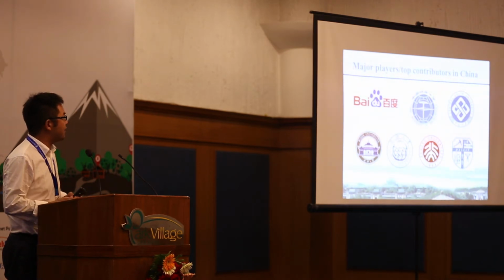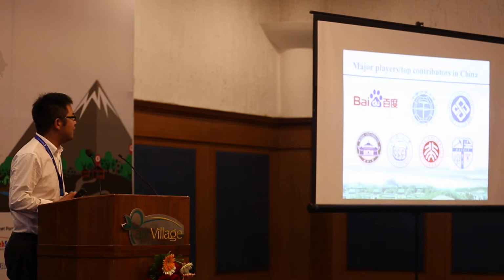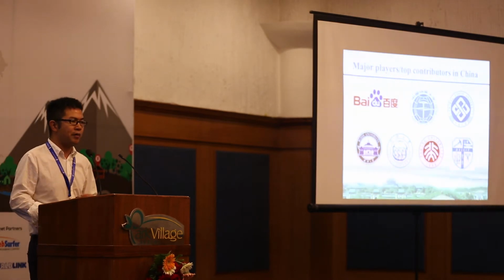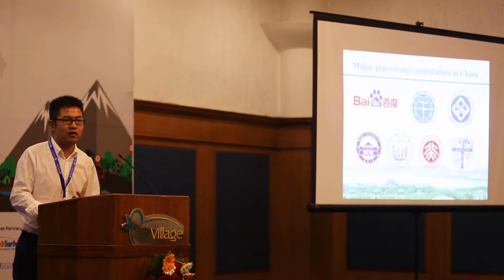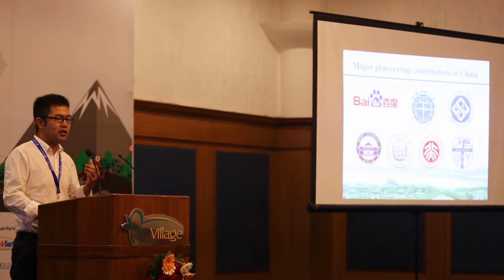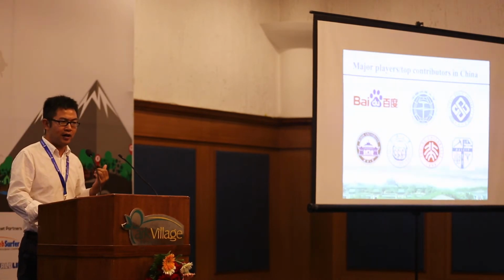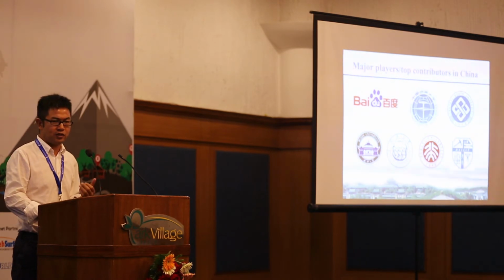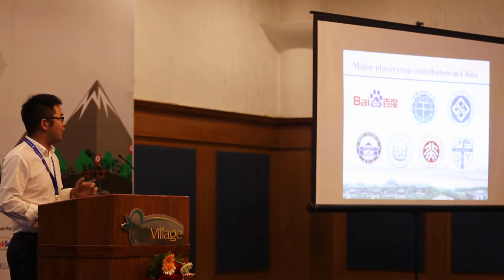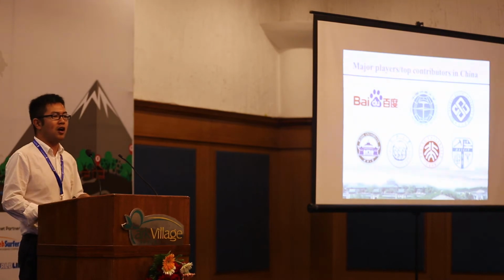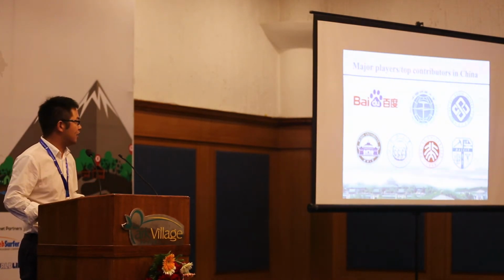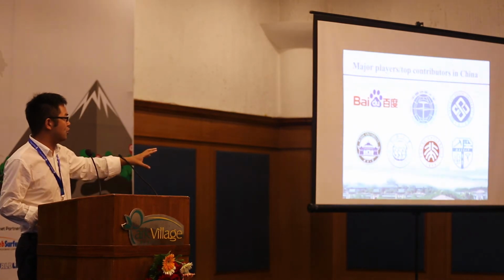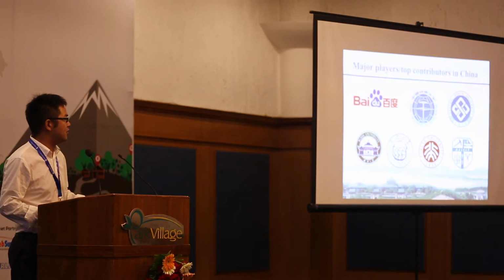About some major players or contributors in China: from the company side, Baidu is the most active mapper in China, because they use the OpenStreetMap data, in China and also outside of China. Otherwise, it's almost all research institutions like universities and institutes, here Wuhan University, Tongji University, and Beijing University.